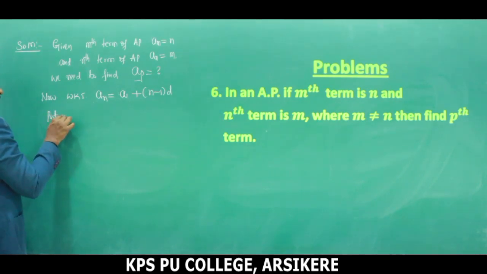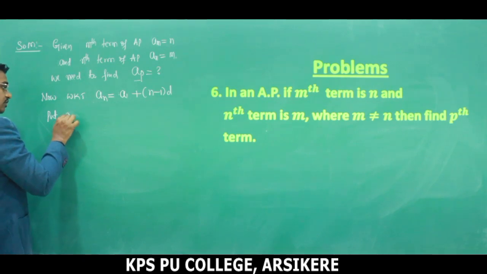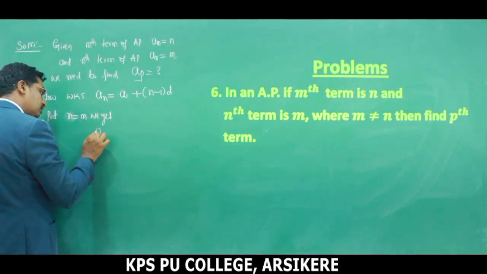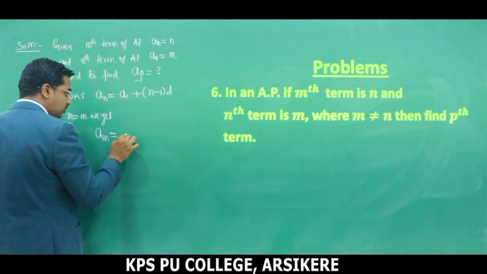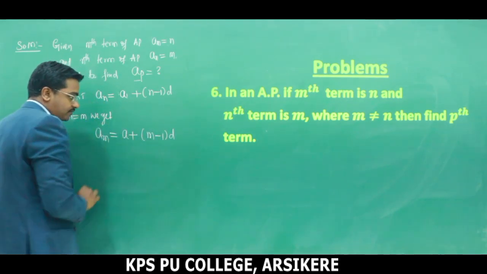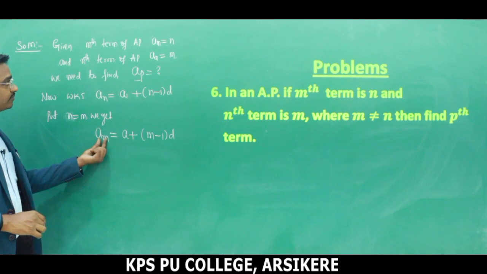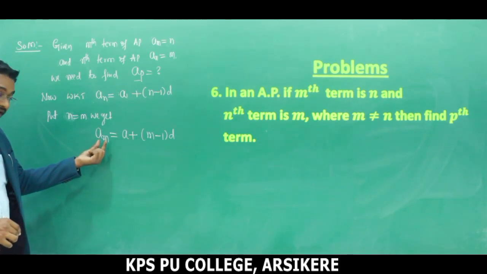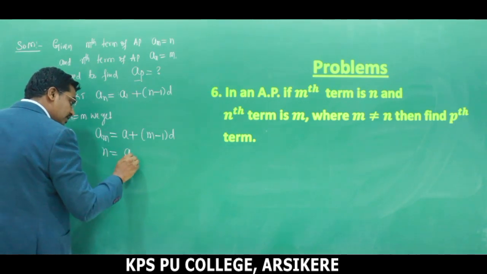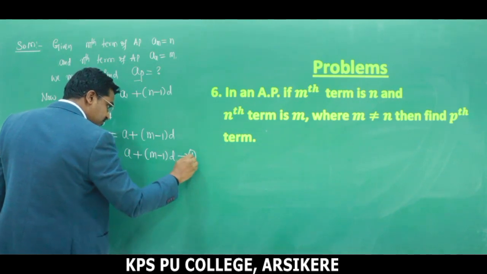So put n equal to m, we get am is equal to a plus m minus 1 into d. Substitute am, the mth term of the given AP, which is n. So n is equal to a plus m minus 1 into d. Better to call this equation number 1.